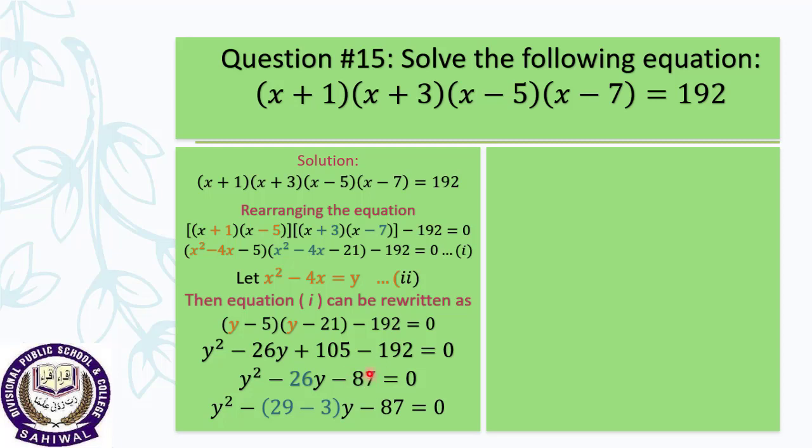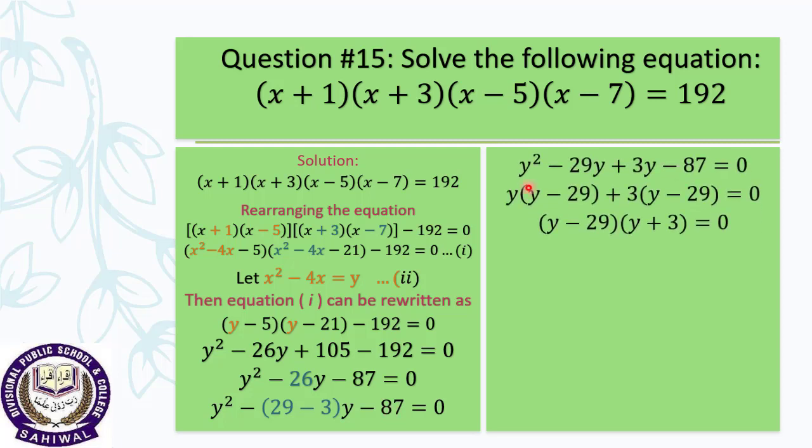We find two factors of 87 that when subtracted becomes 26. 29 minus 3 when subtracted we get 26, and when they are multiplied we get 87. So we solve them by using factorization method and get (y minus 29)(y plus 3) equal to 0. Either y minus 29 is equal to 0 or y plus 3 is equal to 0.